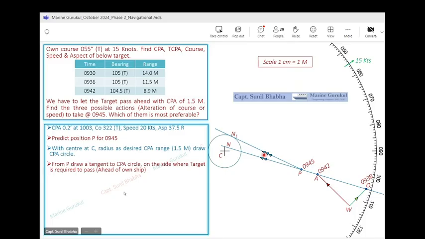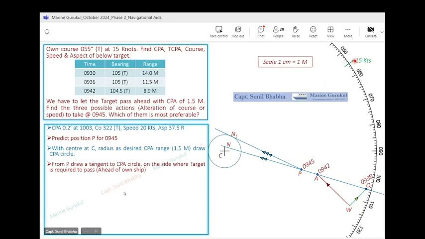Now there is one more possibility of drawing a tangent. We can draw a tangent from point P onto this circle in this particular way also. Now why have we picked up the tangent PN1 and not the other tangent? The reason is, in the question it is mentioned we have to let the target pass ahead of us.